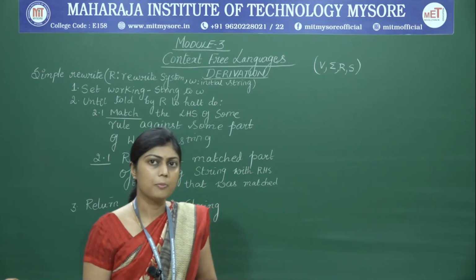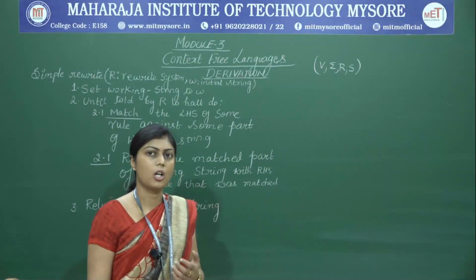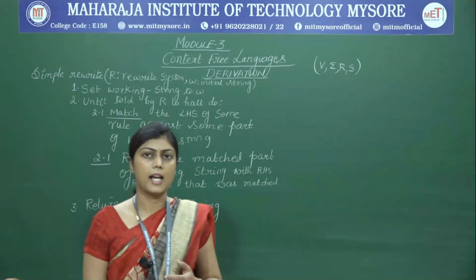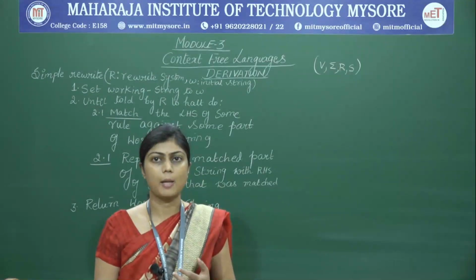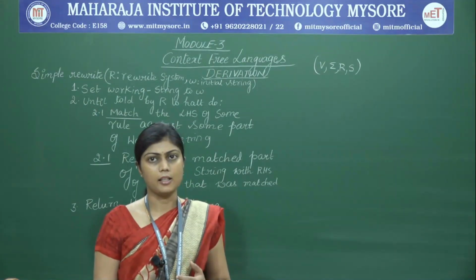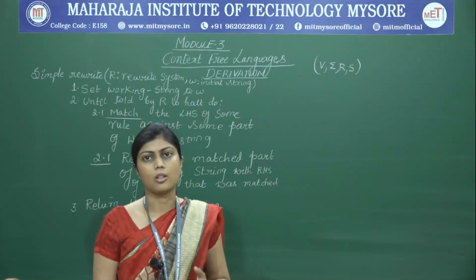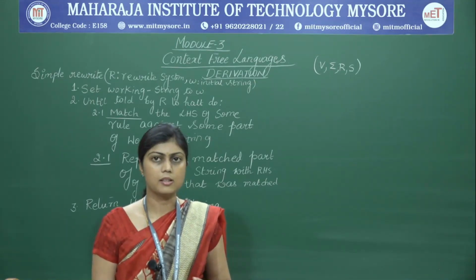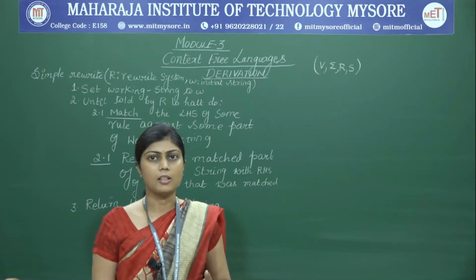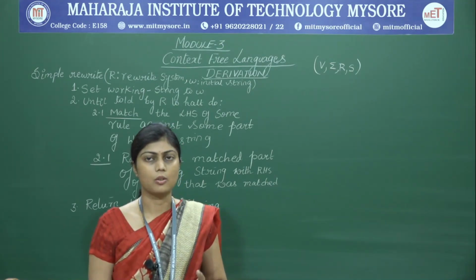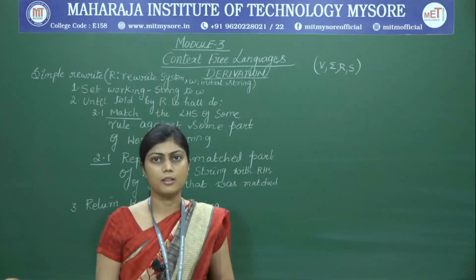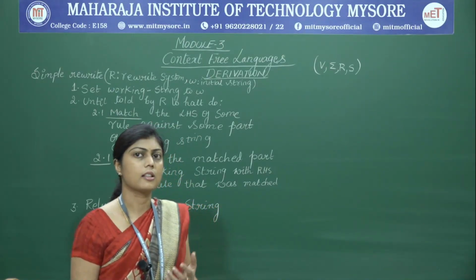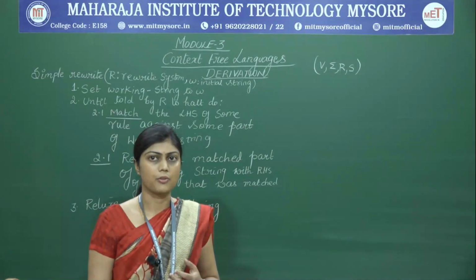A context-free grammar will always have a non-terminal, that is a capital letter, on the left hand side. On the right hand side, it might have an epsilon, or variables and terminals in any kind of order or combination. This is much more flexible than the regular grammar, and this is the gist of what a context-free grammar is.